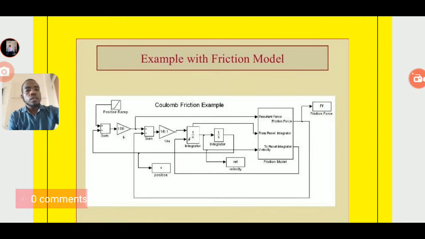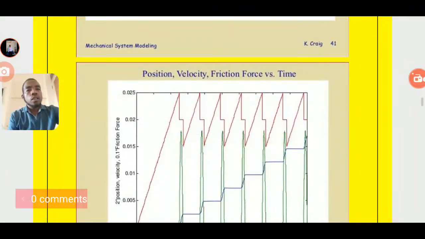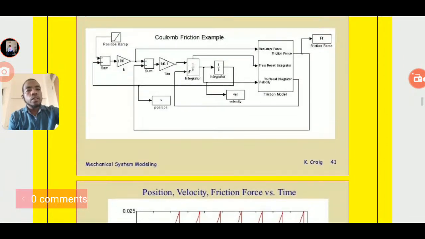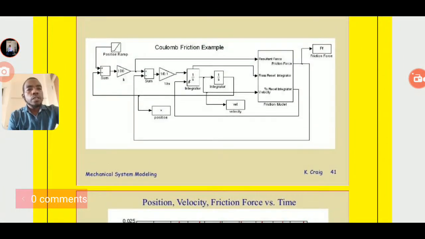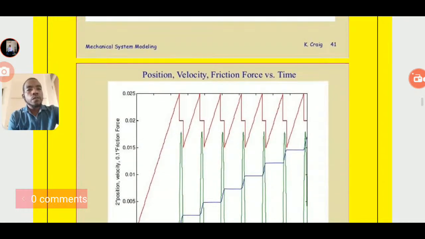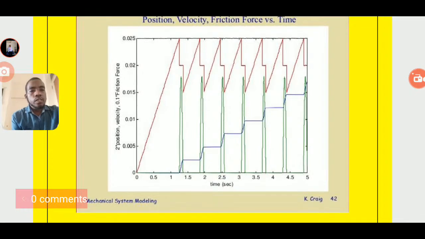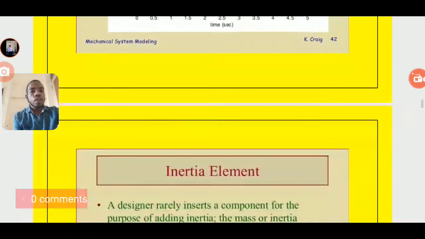This is the Coulomb friction example, and this is the position, velocity, and friction force with time. When we see this graph, on the x-axis there is time, which means the period, and on the y-axis there is position, velocity, and friction force.